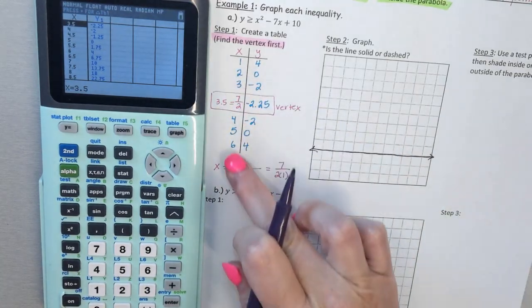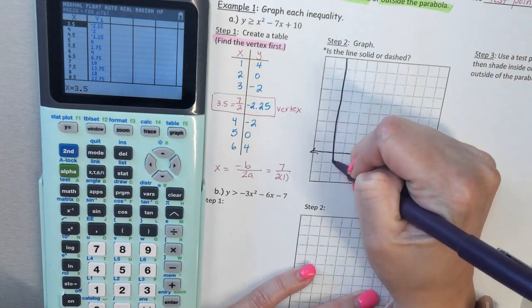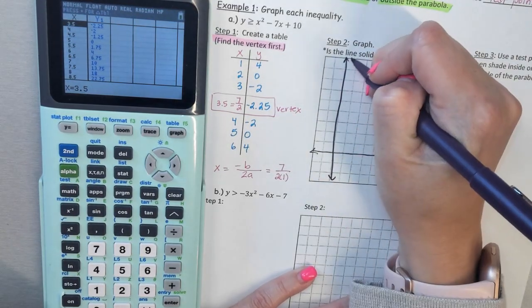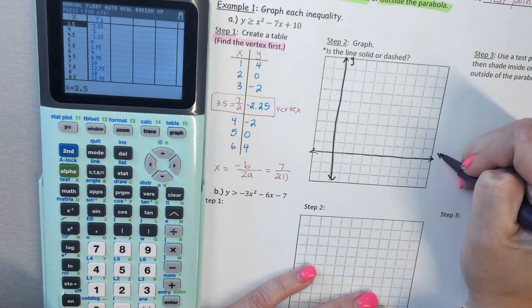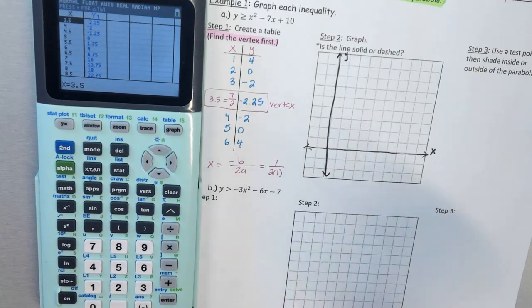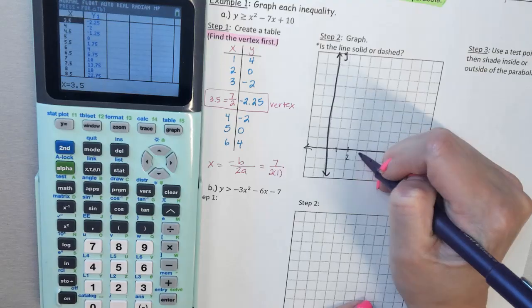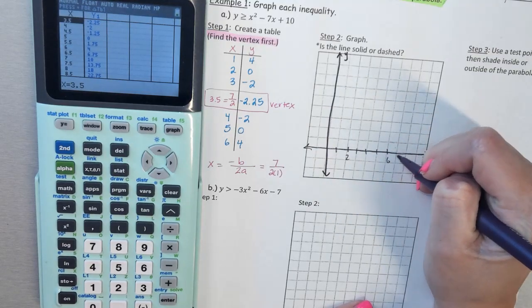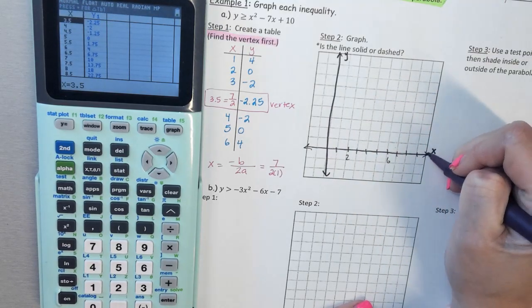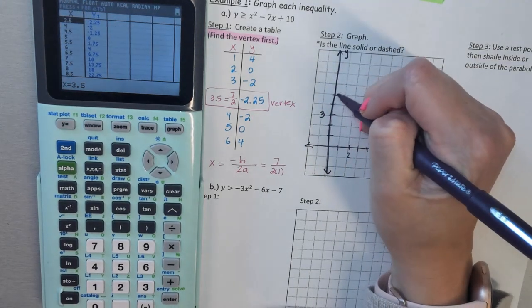Okay, and then all of these are on the positive side, so I might make my y-axis so that it's mostly the positive values that I see here on x. And I can go by 1. So 1, 2, 3, 4, 5, 6, 7, 8, 9, 10. And I usually just label every few.